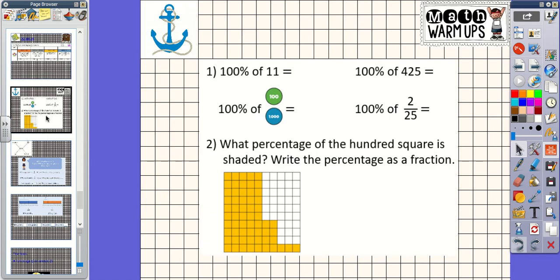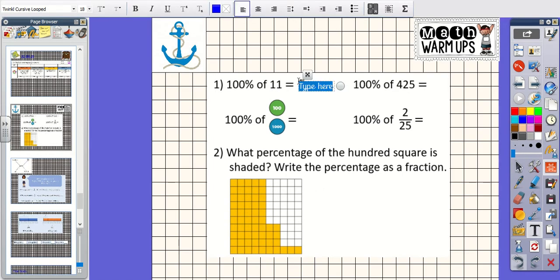So 100%, we know 100% is everything, okay? It means the whole. So if we had 100% of 11, so we didn't have to work it out, the answer would be 11. 100% of 425, so all of 425, would be 425. 100% of 1100 would be 1100.